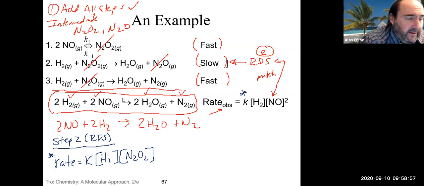Now, there is sort of a problem here in comparing those two things. It's that old saying, you want to compare apples to apples, oranges to oranges, whatever it may be. Chocolate chip cookies to chocolate chip cookies. Here, we can't really do that because in our slow step rate law, we have an intermediate.